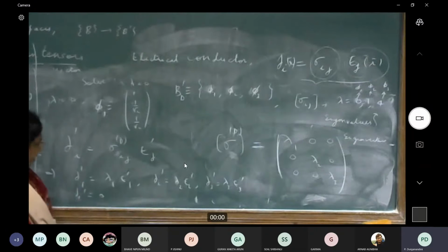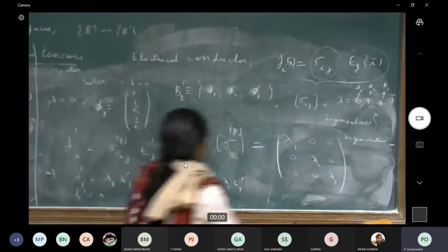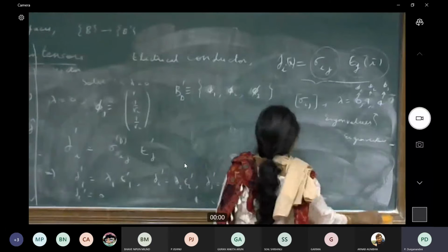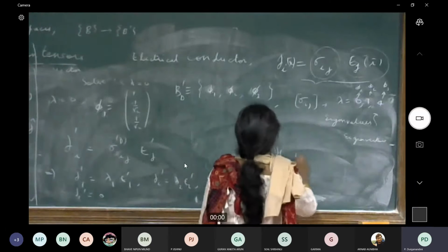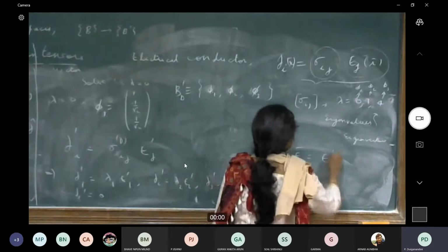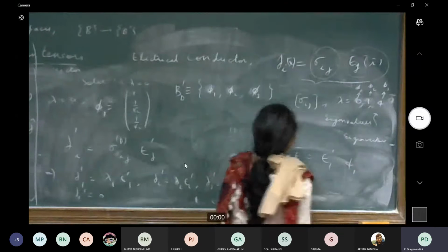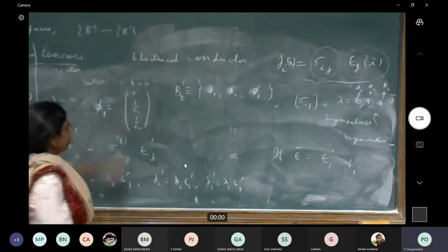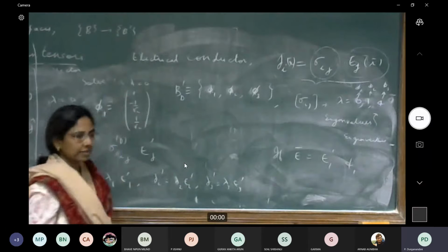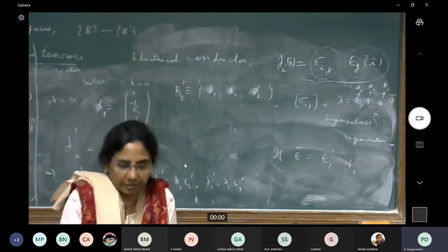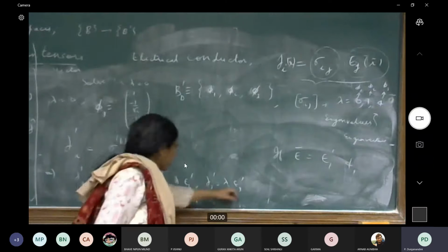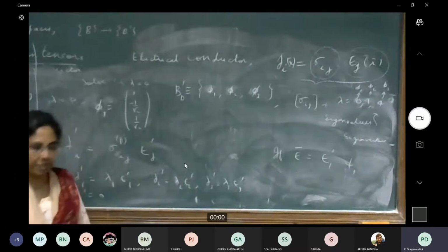In other words, if I apply my electric field E equal to some E1 prime phi 1, along this direction (1, -1/√2, 1/√2), then there will be no current flow across the conductor, because E2 prime and E3 prime are 0, and you're going to get only this, which is going to be 0.